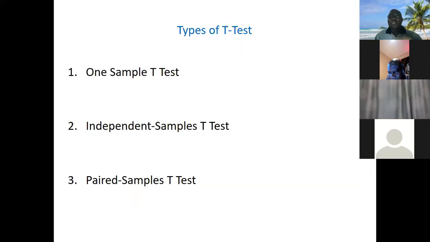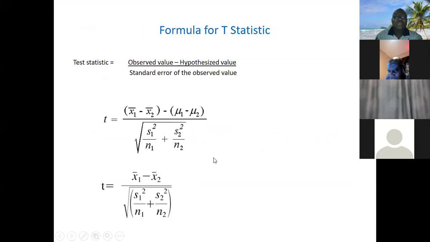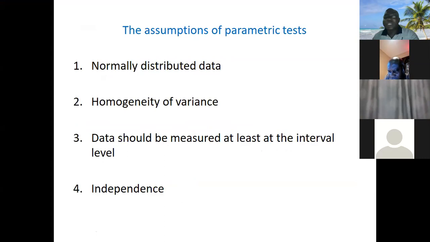So the most important, normally distributed, then homogeneity of variance. I've explained that. When you find a situation where two means are very close and it's still significant, it may not be appropriate to use a parametric test, because if you check the standard deviations, you see one is extremely large while the other is small.